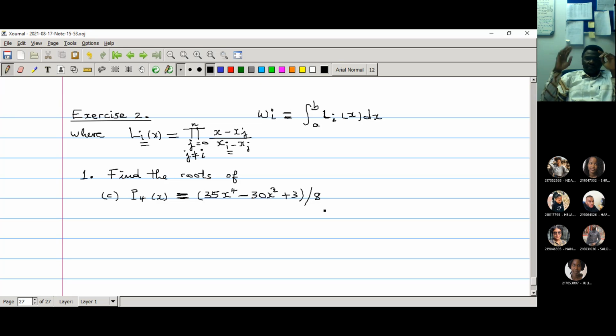Obviously, there are 4 roots. Polynomial of degree 4, there are 4 roots. And each root will appear with its negate, right? That is, if x is a root here, negative x is also a root.